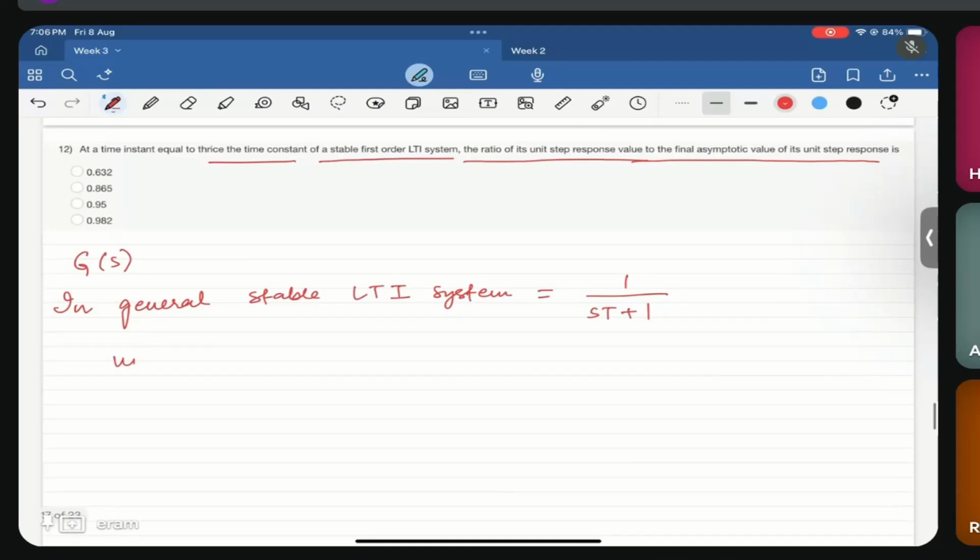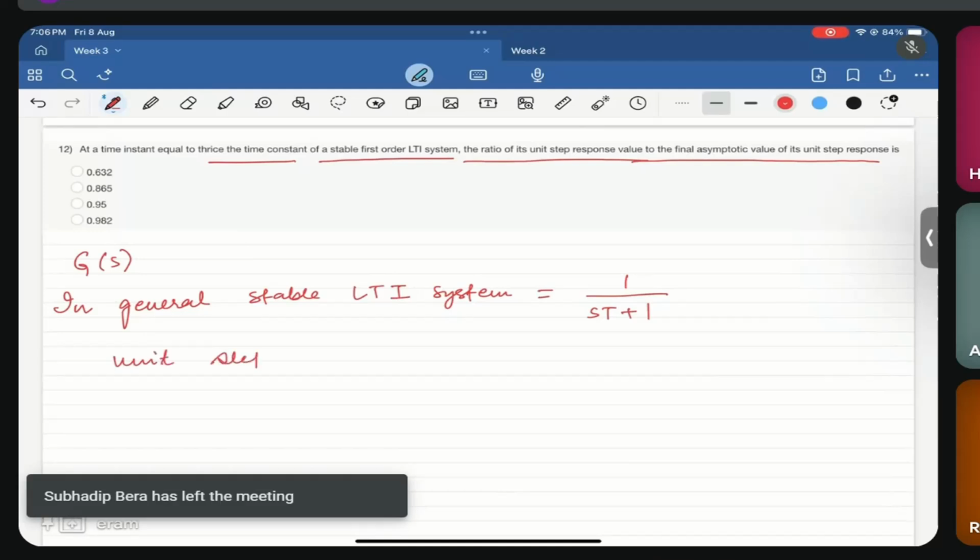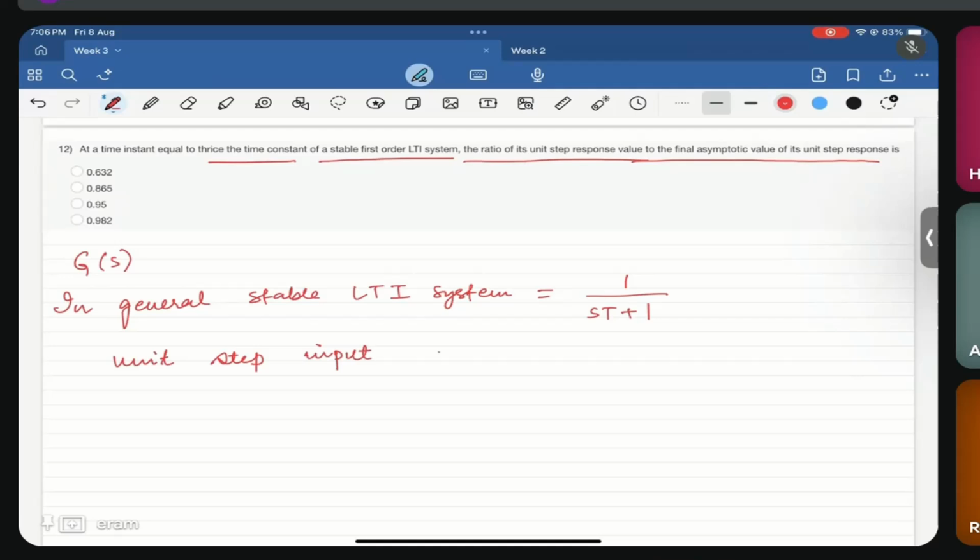And then we provide a unit step input, so the response will be 1 by s into (sT plus 1).